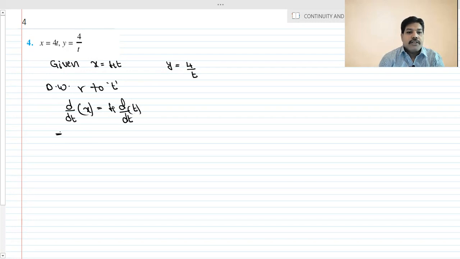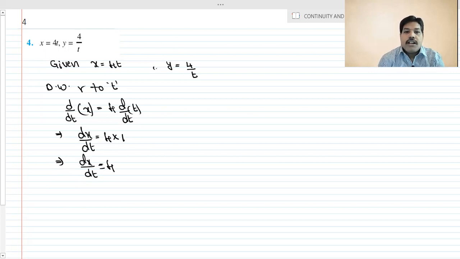That implies dx by dt is equal to 4 into the derivative of t with respect to t, which is nothing but 1 only. So dx by dt is equal to 4.